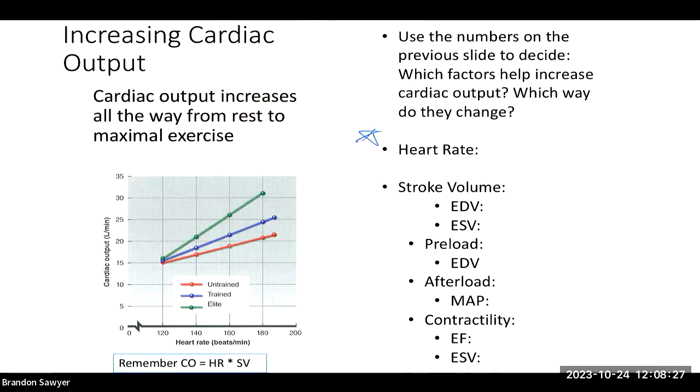Stroke volume increases, and is that due to EDV going up or down? Is that due to ESV going up or down? Sounds right.